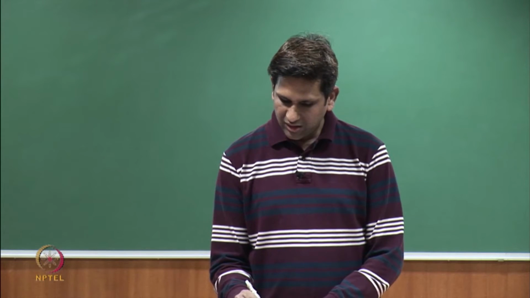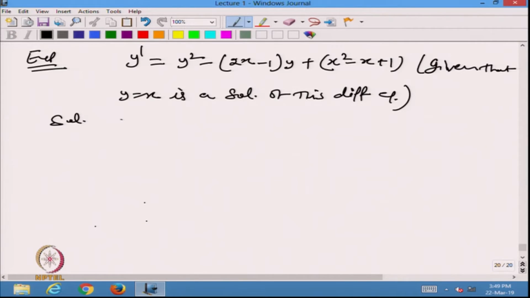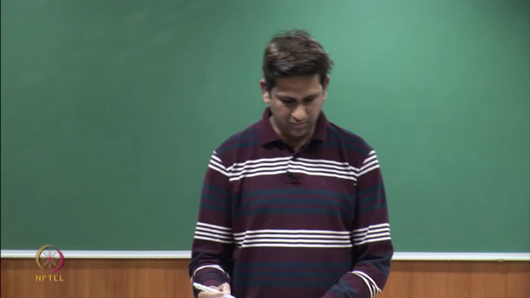So, for the solution, let us take the transformation y(x) = x, which is known to me, plus 1 over z, where z is the solution of the reduced problem.